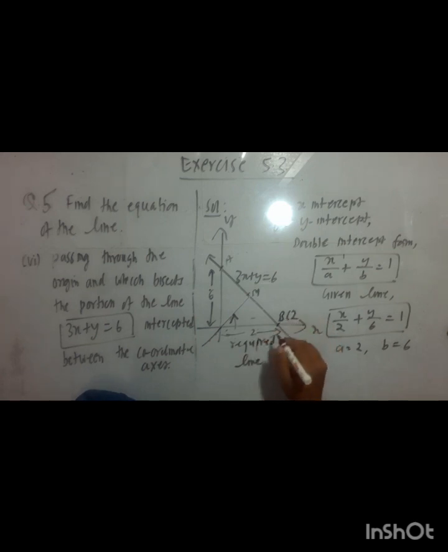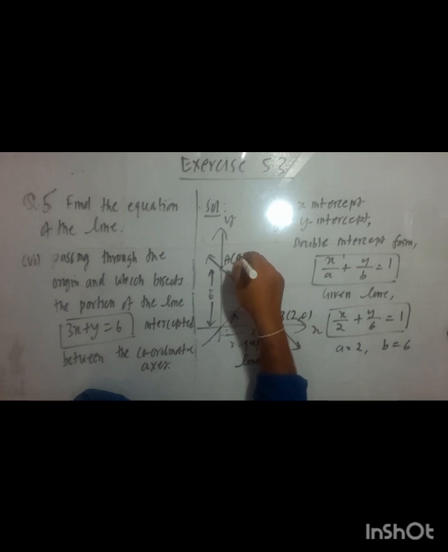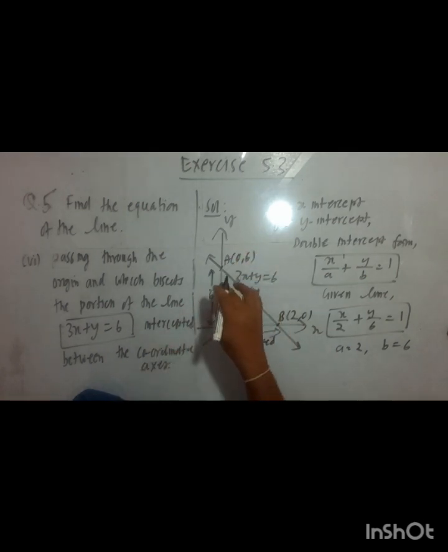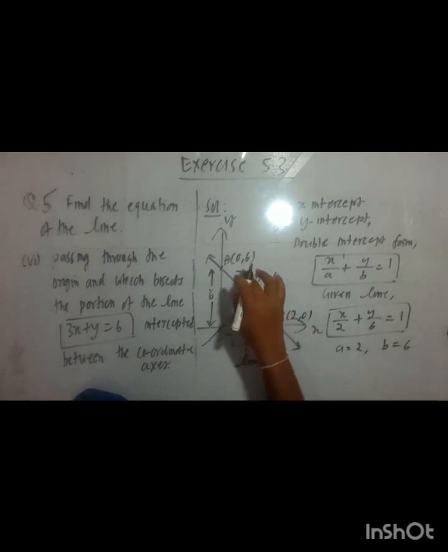It has x coordinate 2 and y coordinate 0. Similarly you can find the other point, that is 0 comma 6, because its x coordinate is 0 and y is 6. So you got these 2 points A and B.